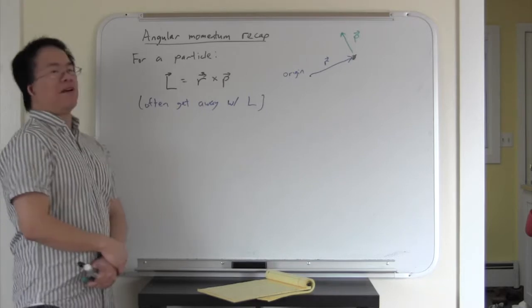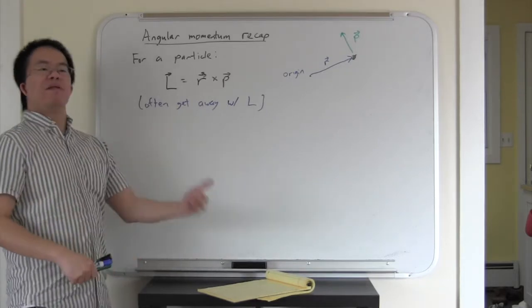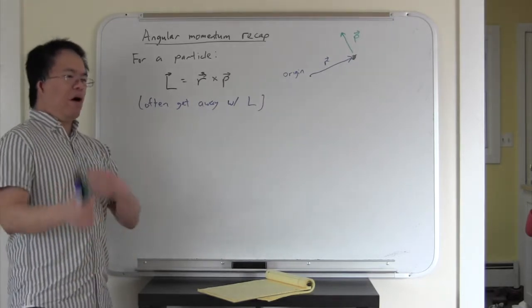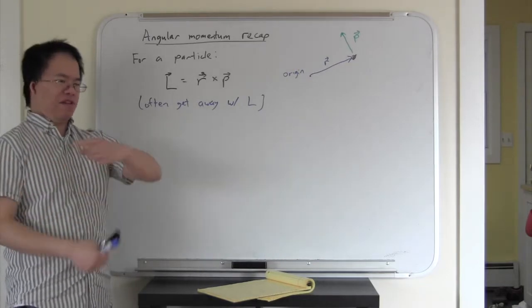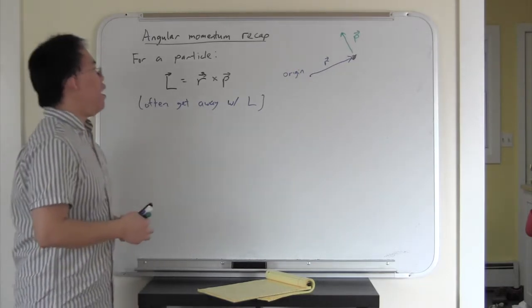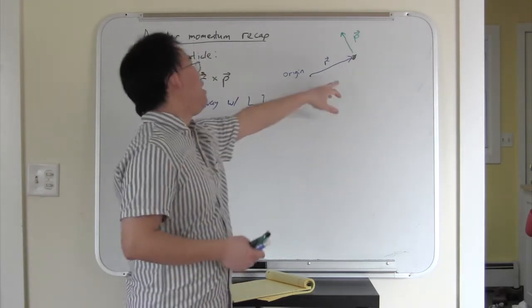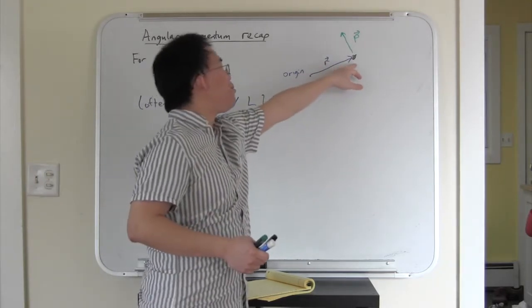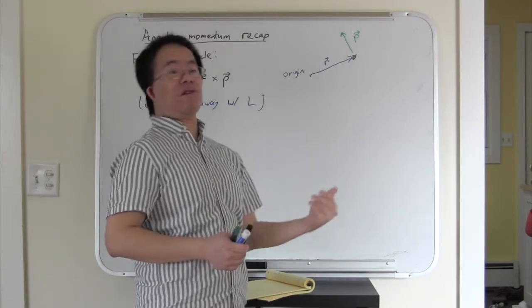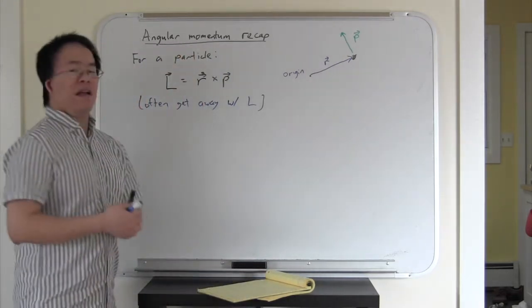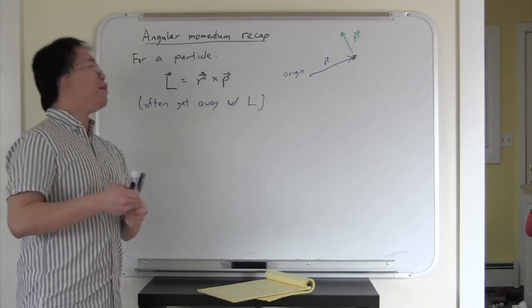Now, a few other things. This may not be the most common way you think of L. We often think about L for rotating objects, and I think you can see how this comes in. If you had your particle here, let's say it was moving in a circle, we can think about L for a rigid body.